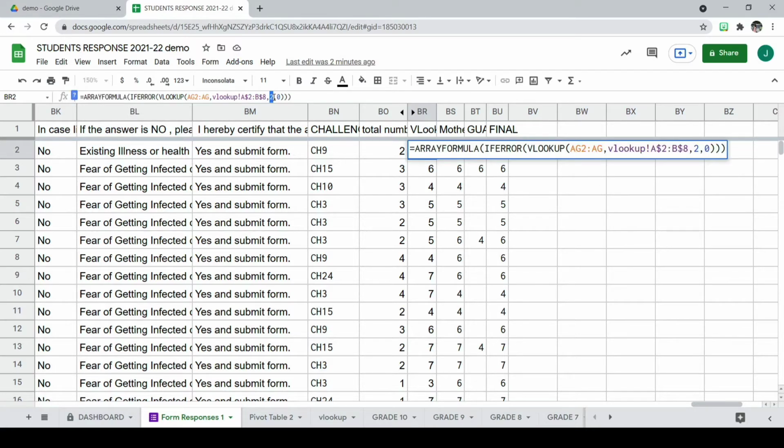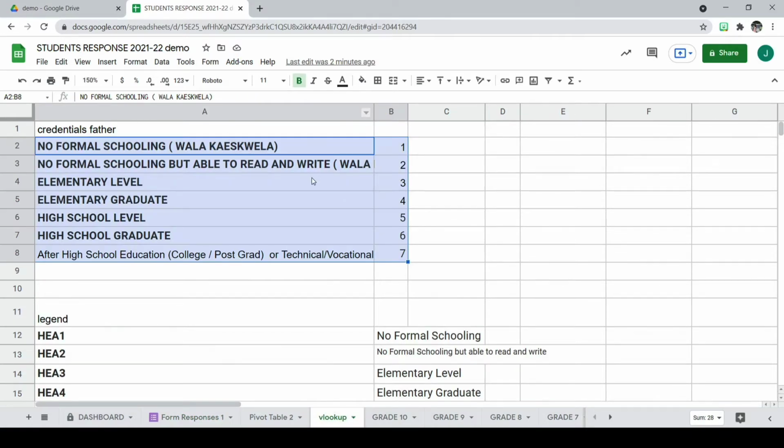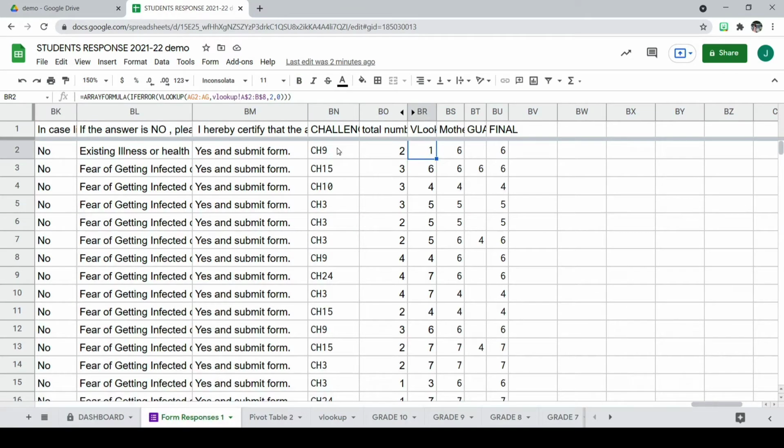Why 2? In VLOOKUP, you count the number of columns. I want the VLOOKUP to give me the second column. That is why my number here is 2.